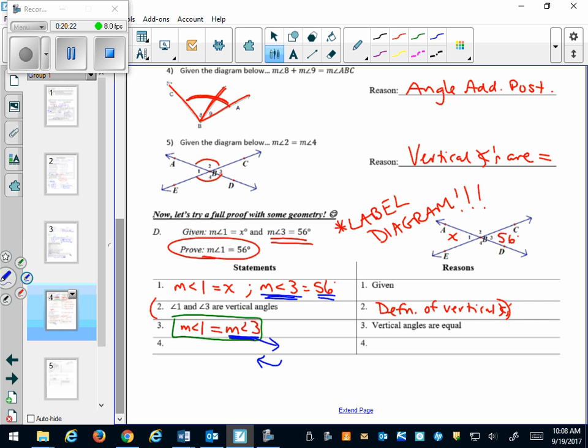Measure of angle 3 we know is equal to 56, so we're going to replace that with a 56. We're going to keep the other side of the equation the same, and sure enough, that turns into what we were trying to prove. Again, we don't want to write prove as our reason. We need to justify how we got from here to here. And since we kicked one thing out and substituted it with something else, it's the substitution property of equality.